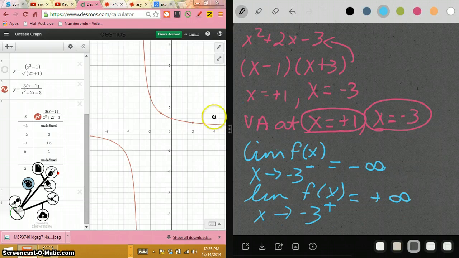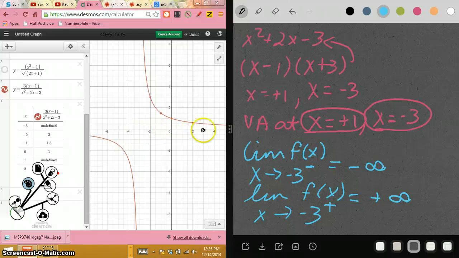Now we also have one more. We have a horizontal asymptote at y equals 0, and I'm going to ask you guys to go back and review that from one of your chapter 1 tests online. I have videos on that.